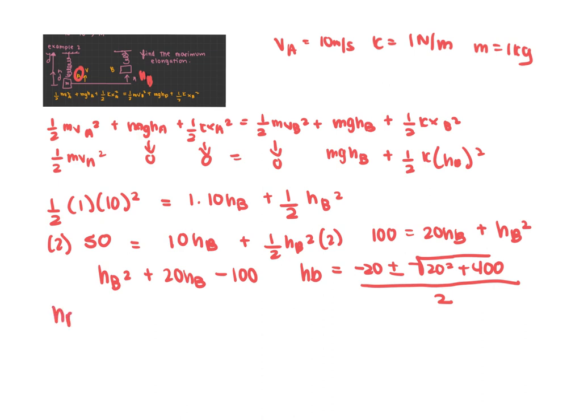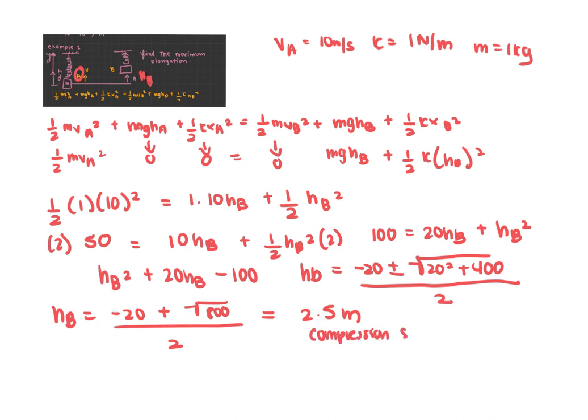So HB equals negative 20 plus, we'll keep it positive, the square root of 800 over 2. And after simplifying all that, we get that the answer is 2.5 meters approximately, and that's the compression of the spring from height A to height B.